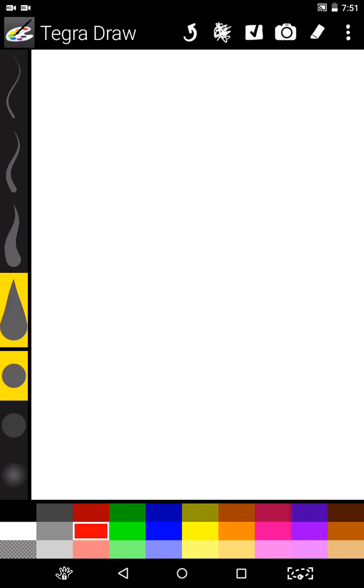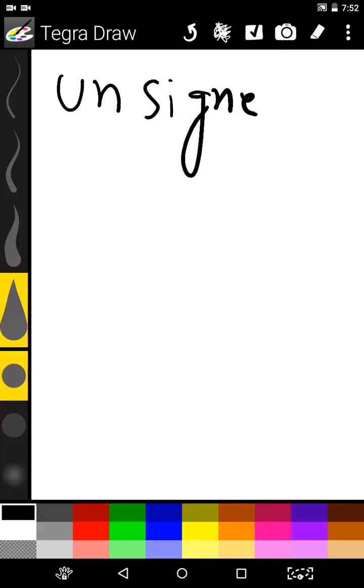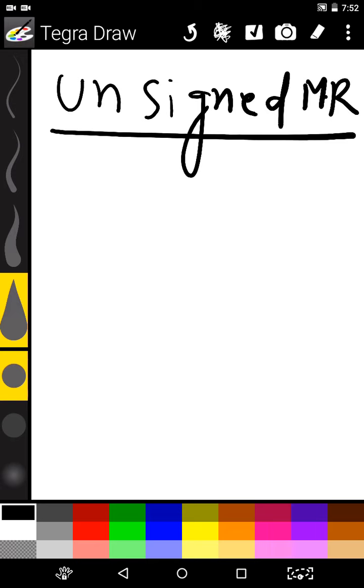First of all, we discuss unsigned magnitude representation. In unsigned magnitude representation, the name already explains that it is unsigned.